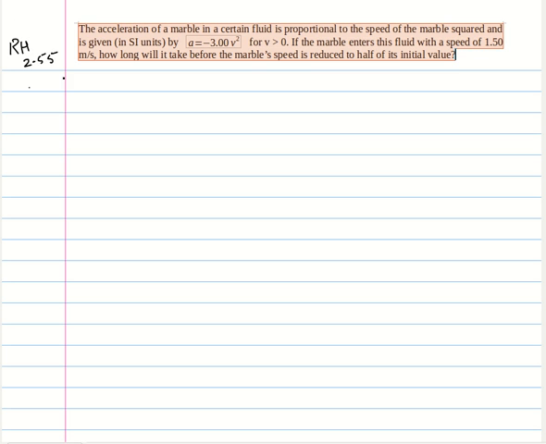So what we are given is a = -3v². We are also given that at time t = 0, v naught is 1.50 meters per second.